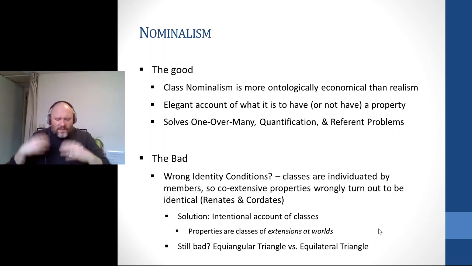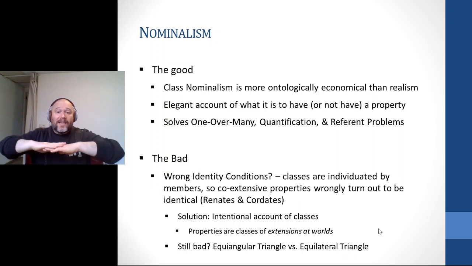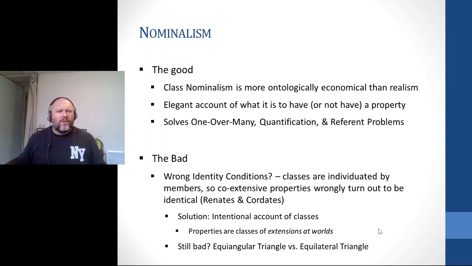Now, this seems like a good solution, at least at first glance, but it might still not be enough. To see why, consider two properties that look like they're intensionally coextensive, but still seem, or at least possibly might be, different properties.